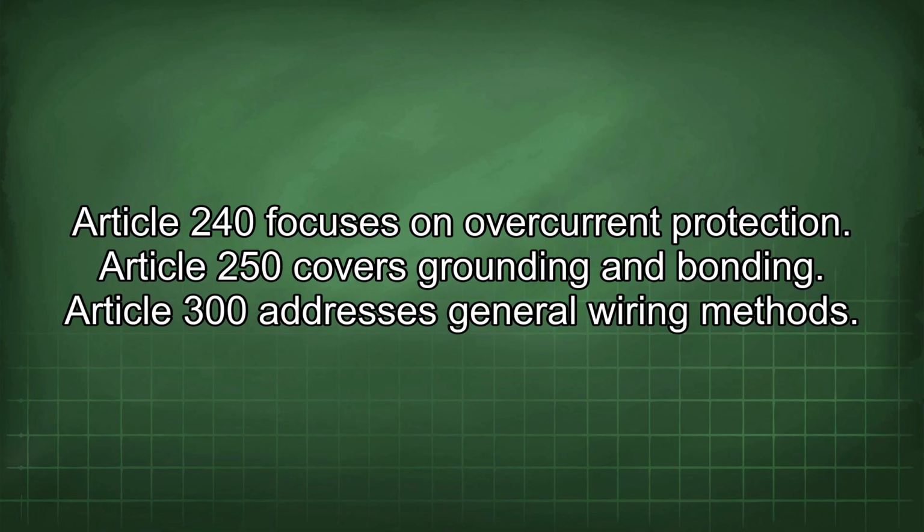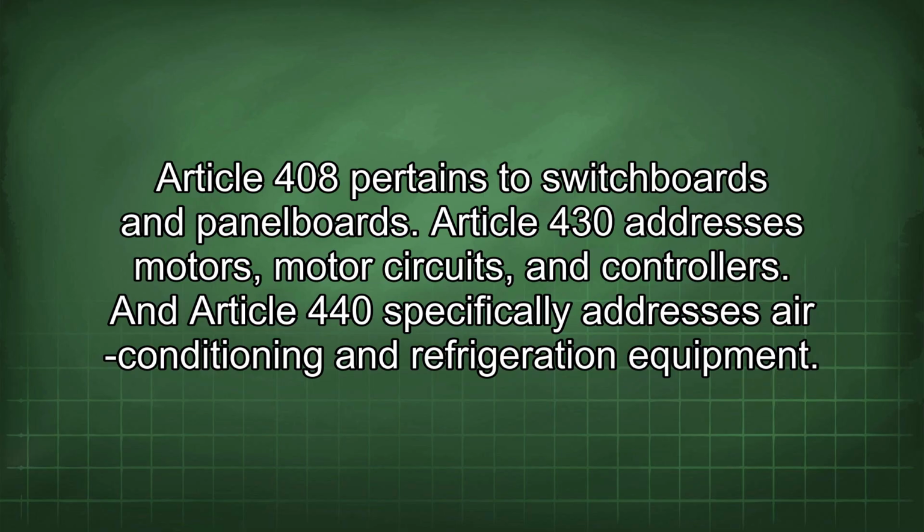Article 250 covers grounding and bonding. Article 300 addresses general wiring methods. Article 408 pertains to switchboards and panel boards. Article 430 addresses motors, motor circuits, and controllers. And Article 440 specifically addresses air conditioning and refrigeration equipment.